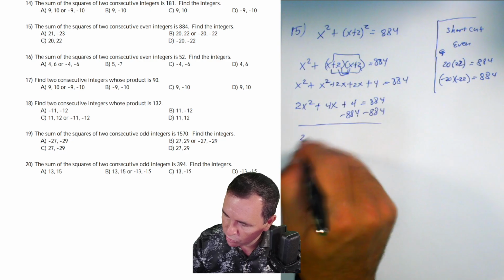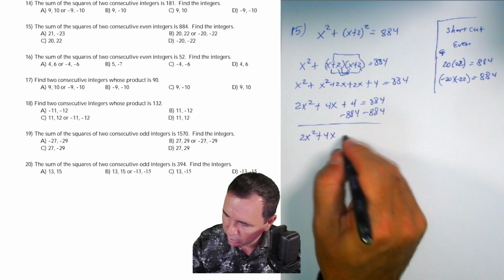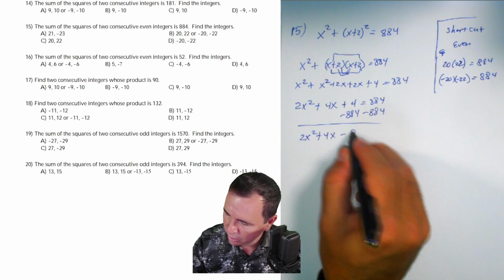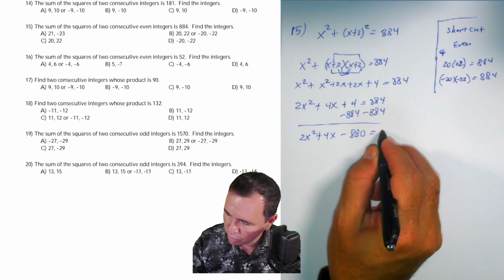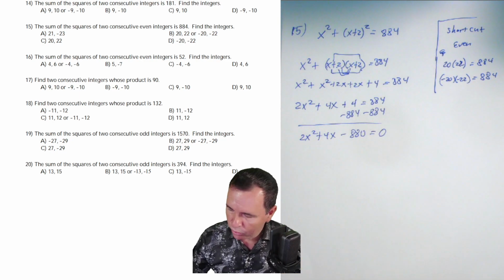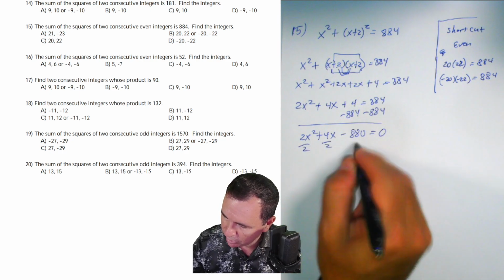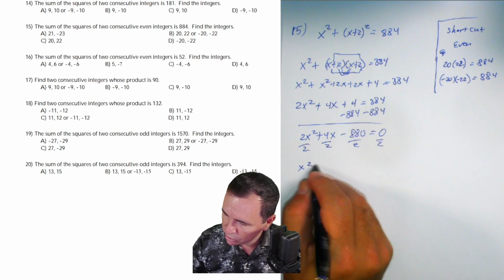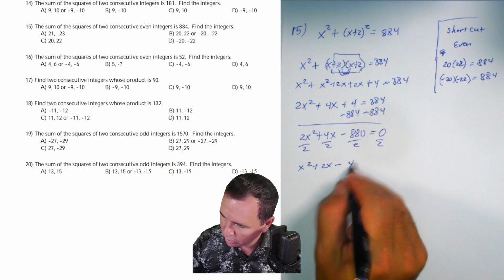So we're going to have 2x squared plus 4x minus 880 equals 0. And then they're all divisible by 2, so I can just divide everything by 2. I get x squared plus 2x minus 440.